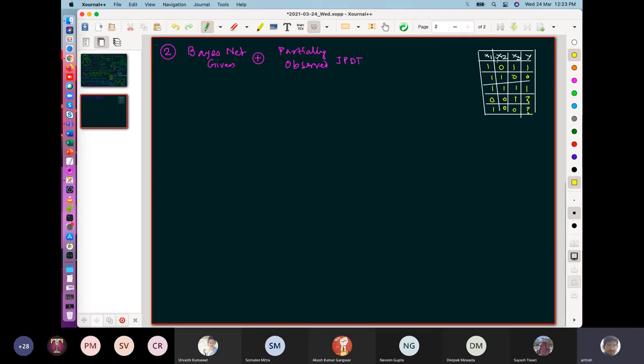This is what I mean by the partial thing. There could be 2 to the power 4 possibilities, but I give you only 5 in the JPDT. That is our old-fashioned learning part, that from here we have to learn, but additionally the constraint comes that I do not know something.